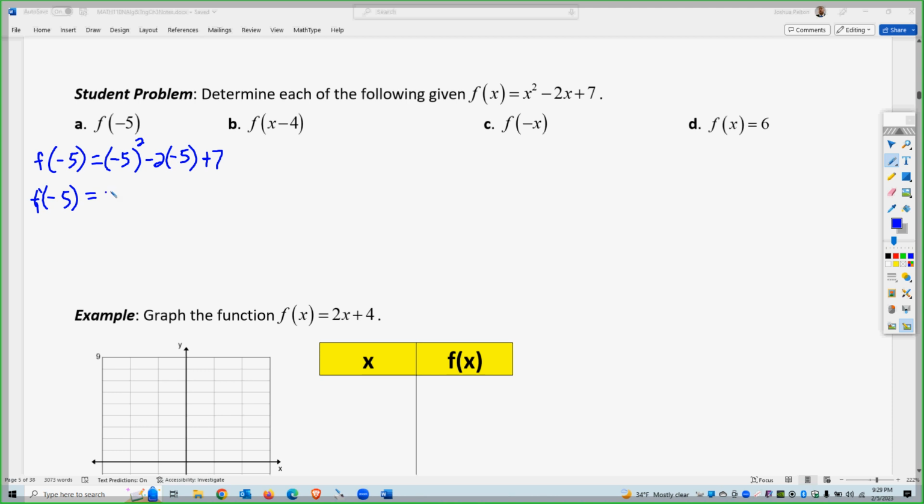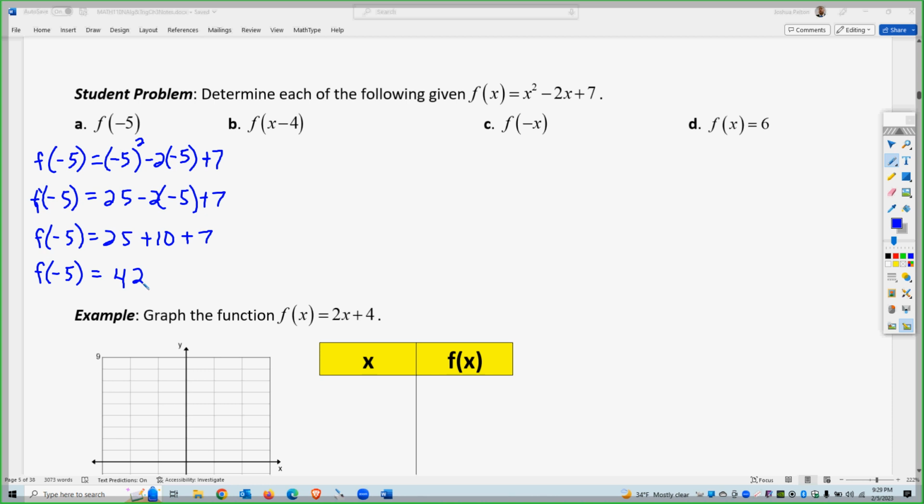If I square, I'm going to get 25. Now I need to multiply after I do exponents, so I get 10. And then the last step is add, so that's 35, 42. So if I plug in negative 5, I get an output of 42. So our coordinate is negative 5, 42.